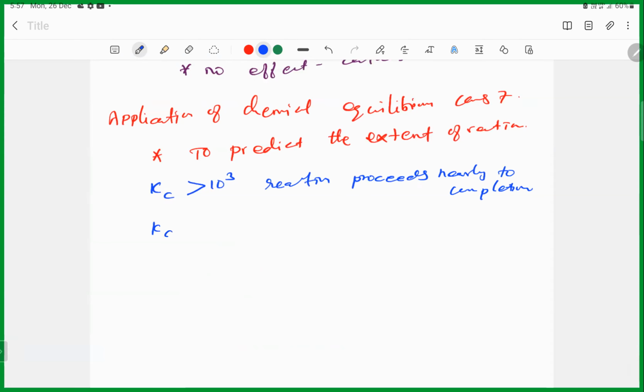Suppose the Kc value is less than 10 power minus 3, that means 0.001, it is a very slow reaction.